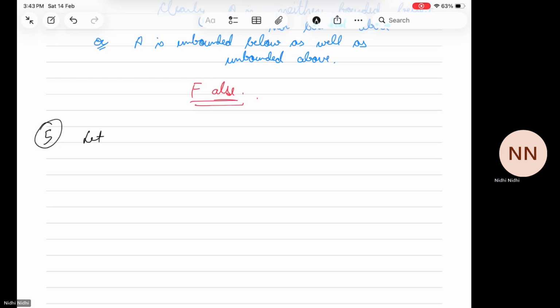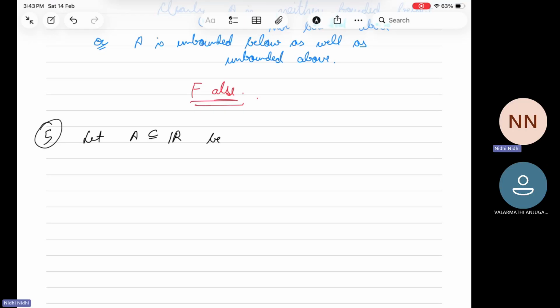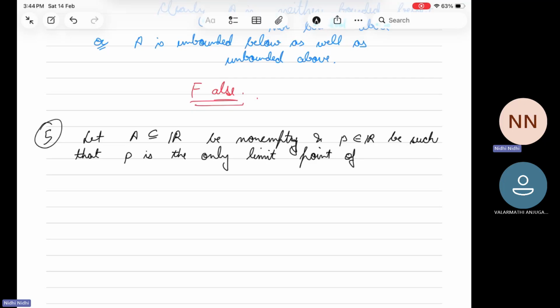Let A be a non-empty subset of R, and P belonging to R be such that P is the only limit point of A, which is not in A, and P does not belong to A.